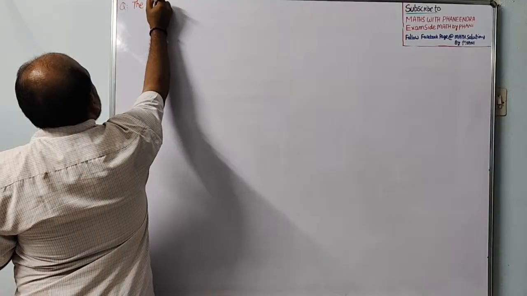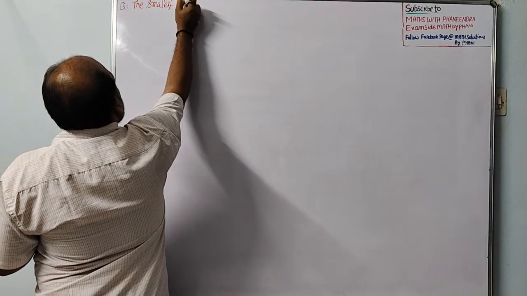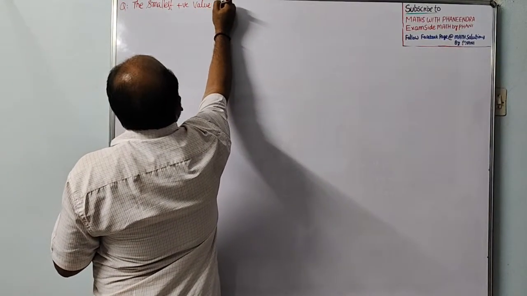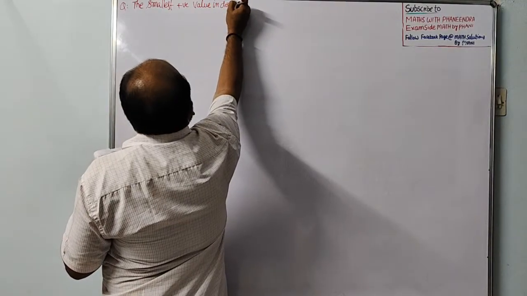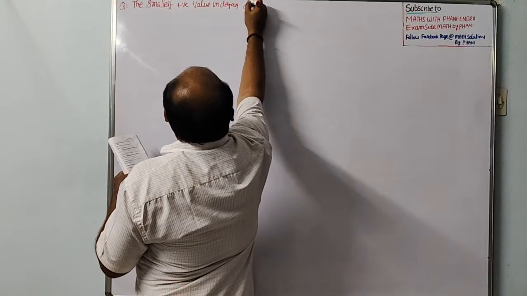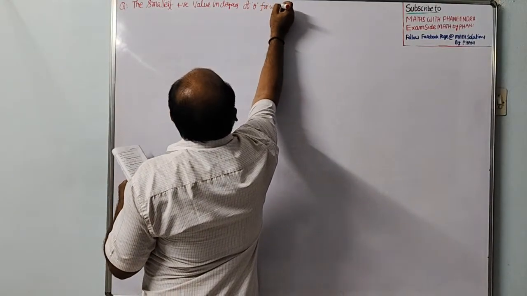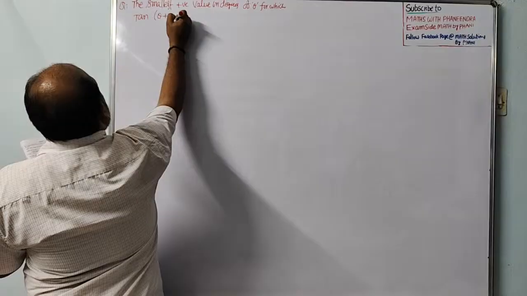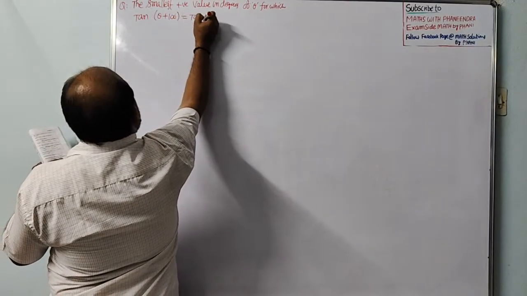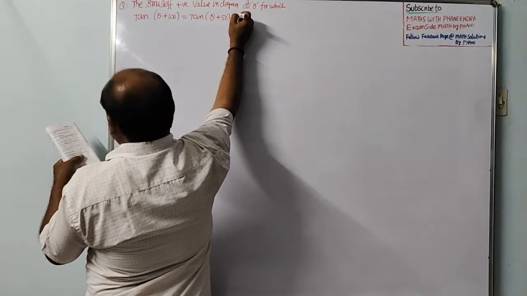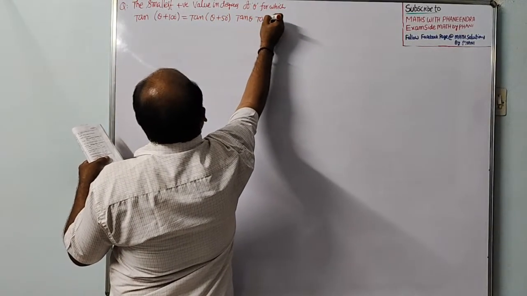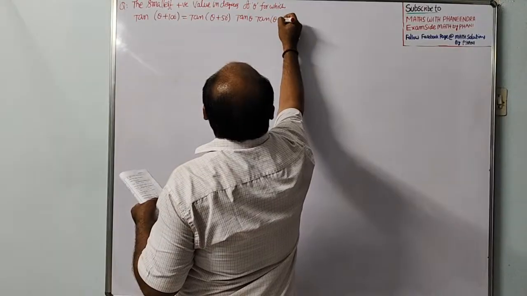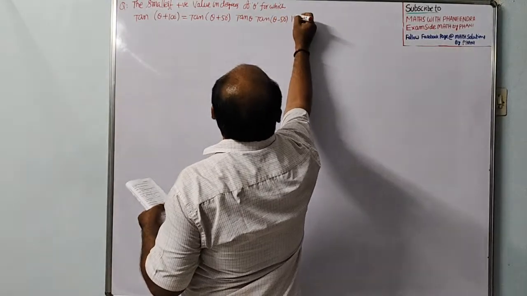The smallest positive value in degrees of theta for which tan of theta plus 100 degrees is equal to tan of theta plus 50 degrees into tan theta into tan of theta minus 50 degrees is valid.